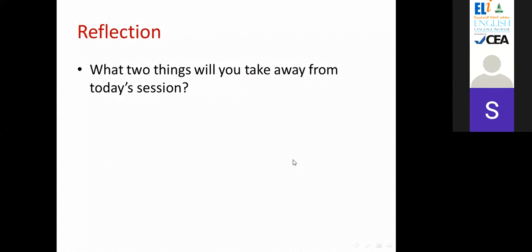Punctuation, uses of punctuation. When you use verb to be as a helping or an independent verb with a passive voice. Okay, prepositions.